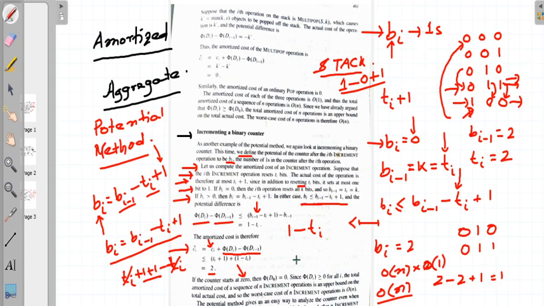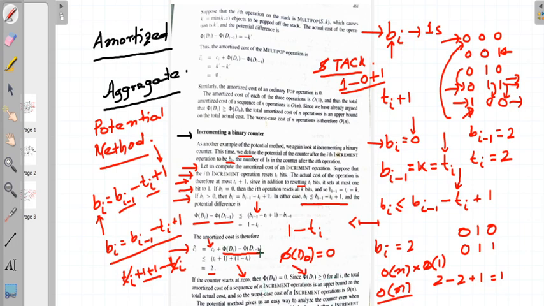That means the number of ones when we are starting is 0 definitely. And phi of di is greater than or equal to 0 for all i, since at least one is present for all other increment operations.